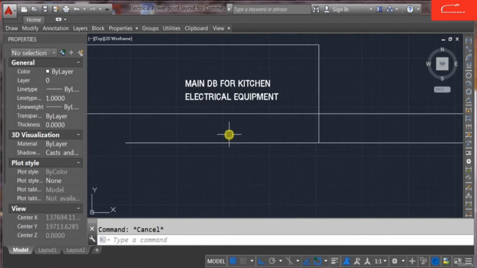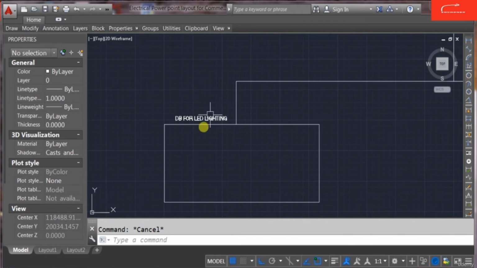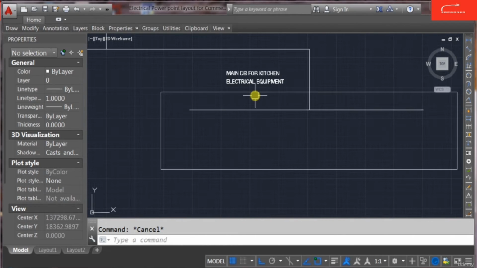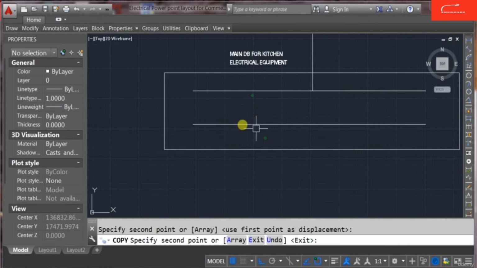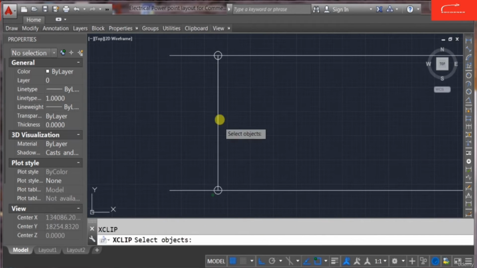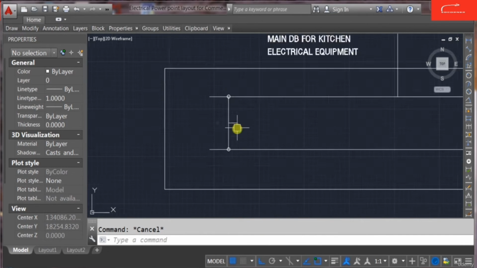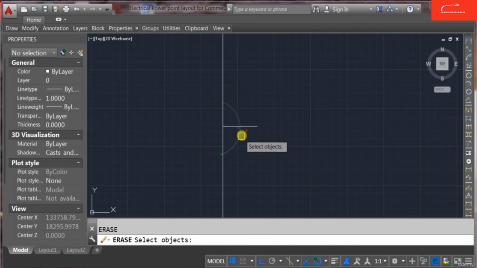So enter this main DB. Firstly, I will draw the main DB and then the DB for LED lighting. So in main DB for kitchen electrical equipment, we required MCB, MCCB, RCCB and ELCB.